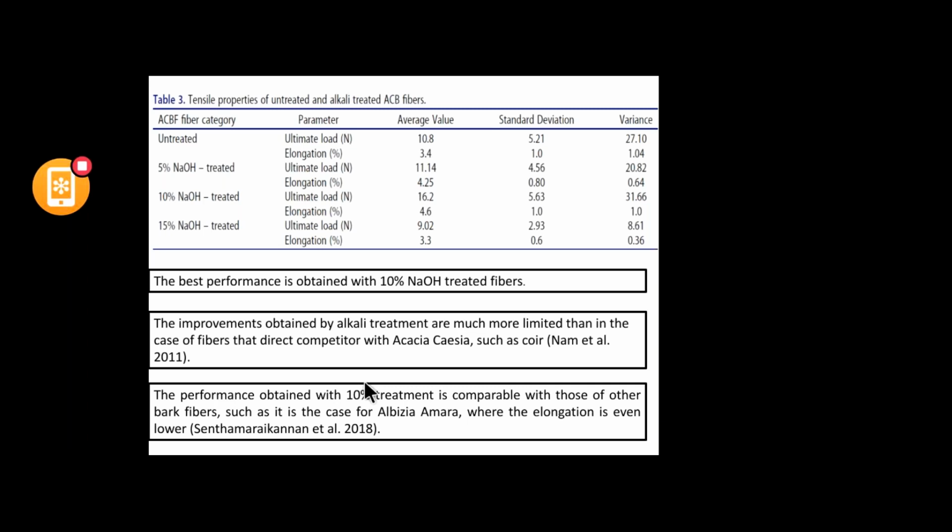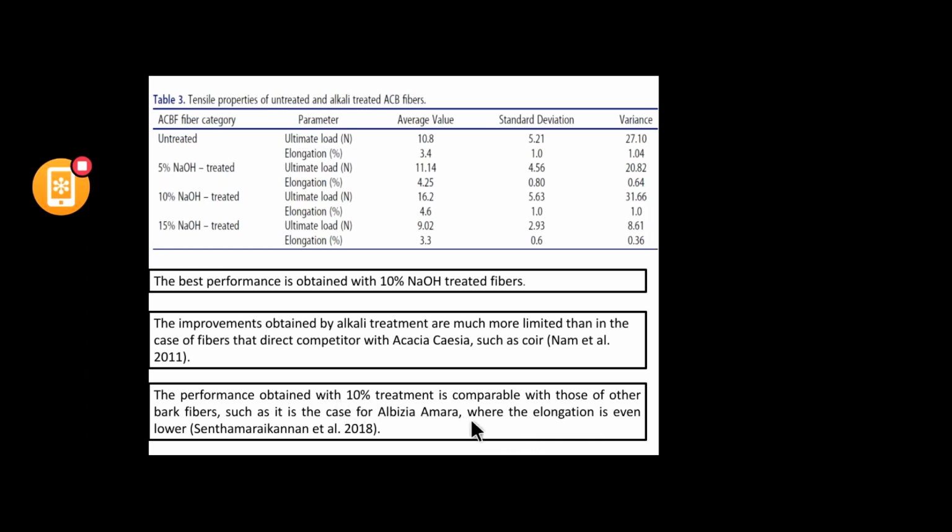In my case, for the acacia bark fiber, increasing the concentration of sodium hydroxide up to 10% definitely had some effect and was worth pursuing.